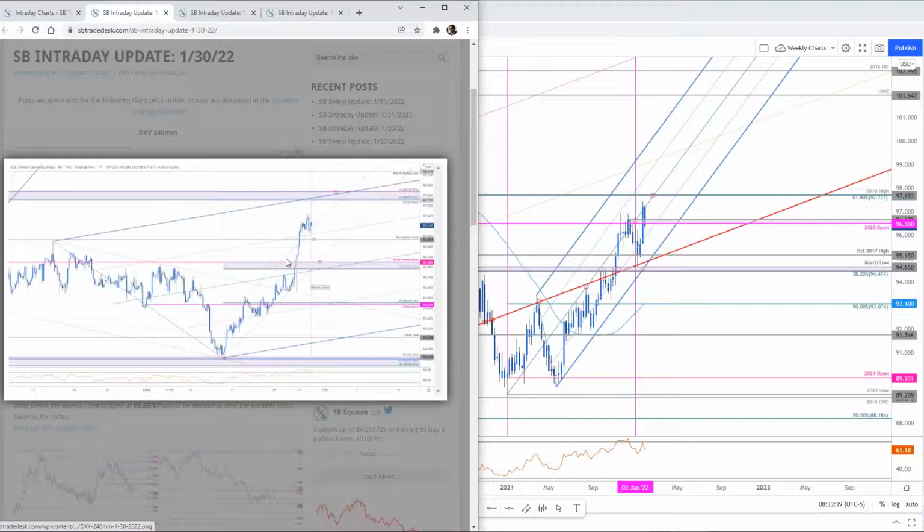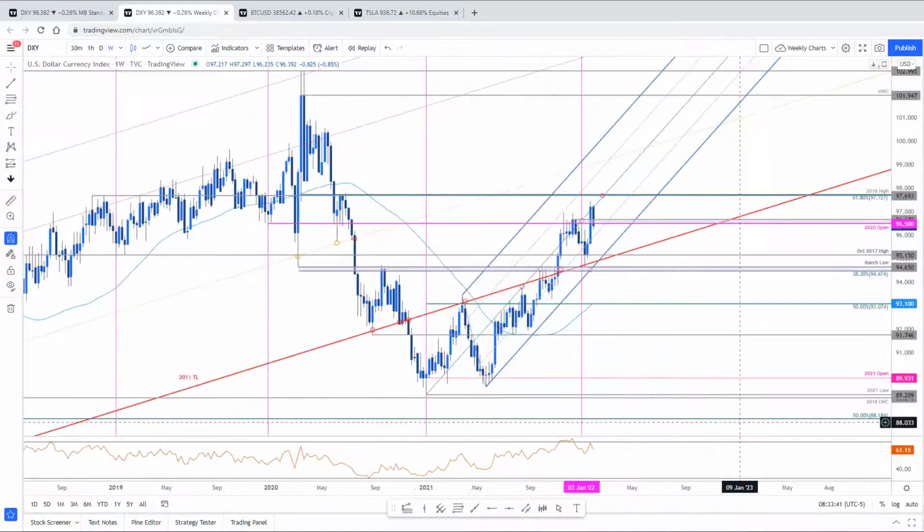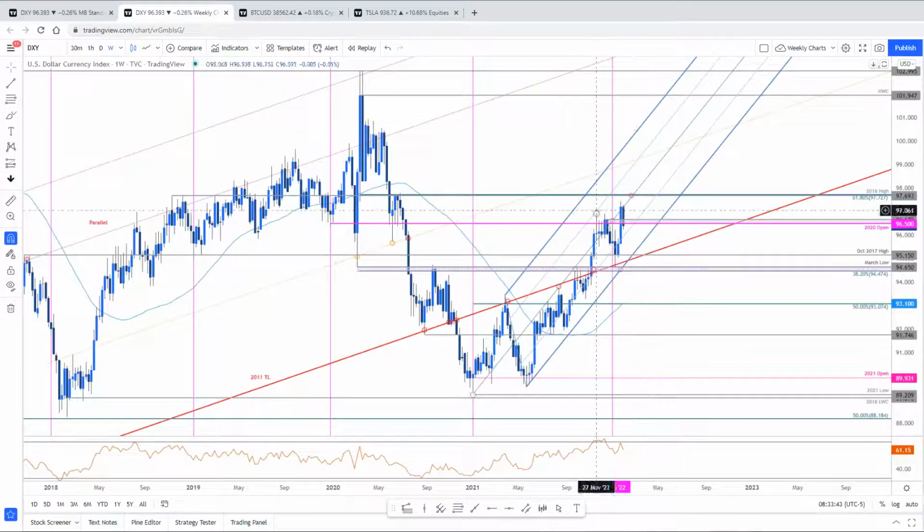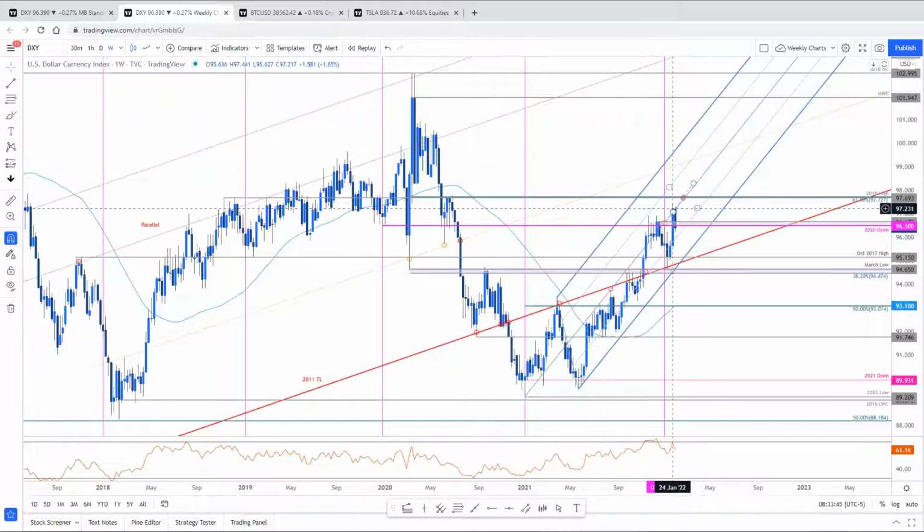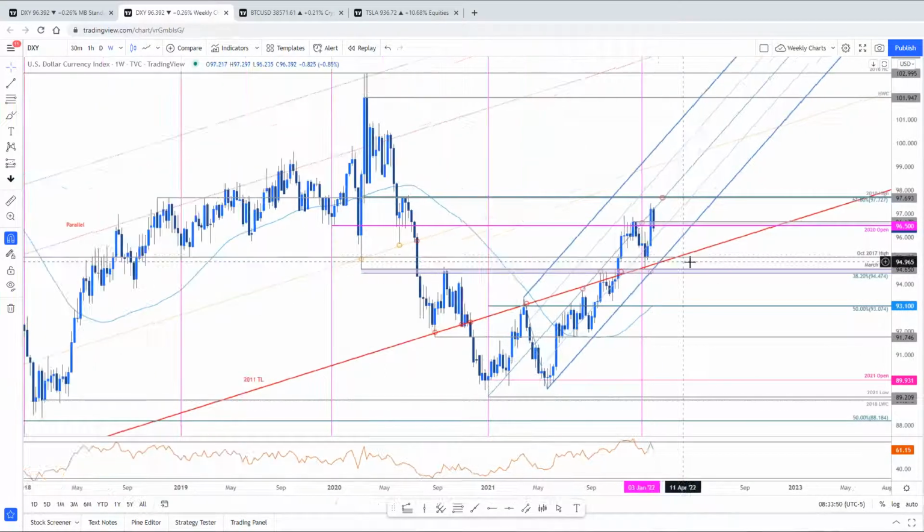So before I get into the scalp, here's what it looks like on the weekly charts. We closed last week right up here at the median line for the ascending formation we've been following off the lows. Again, we noted in yesterday's webinar the remarkable divergence that we're seeing, with price action making a higher high and the oscillator making a lower high.